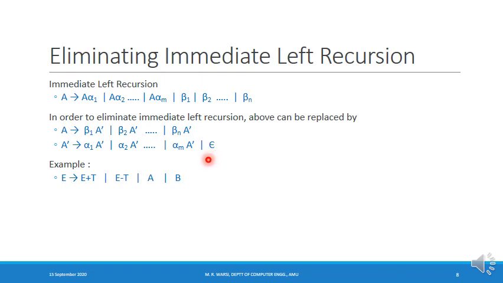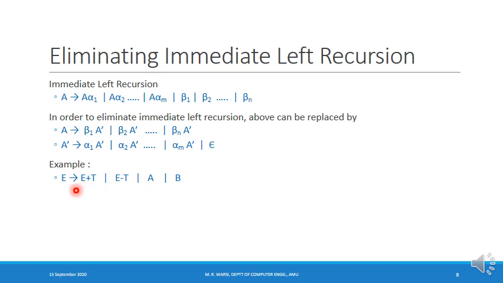Now let us apply this to an example. The example is capital E derives E plus T, capital E derives E minus T, capital E derives capital A and capital B. I have not shown the complete grammar. I'm only showing the productions concerning the variable capital E, and will eliminate the immediate left recursion which is here and the immediate left recursion which is here.